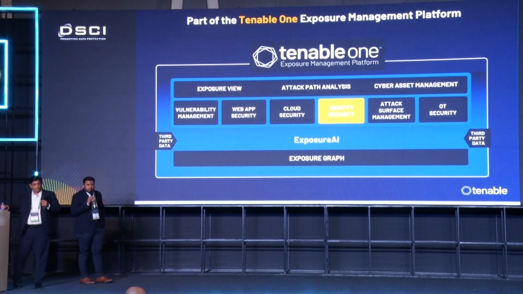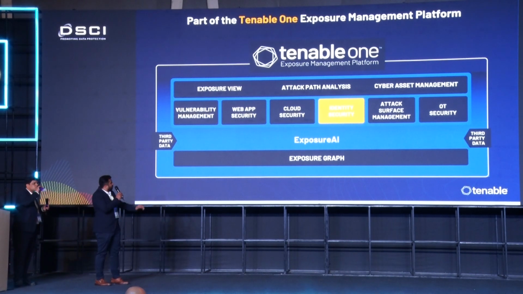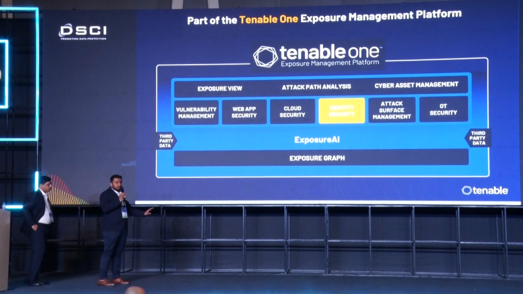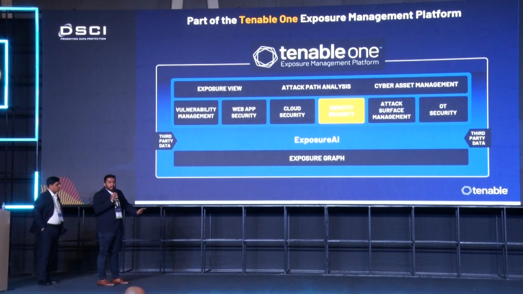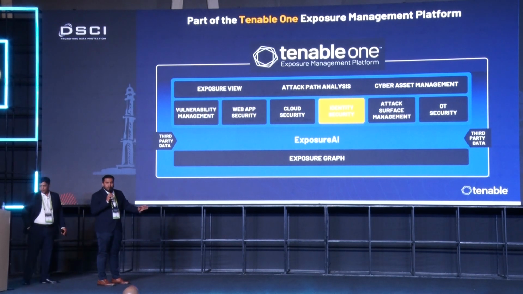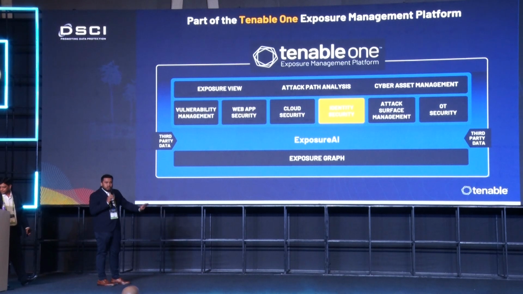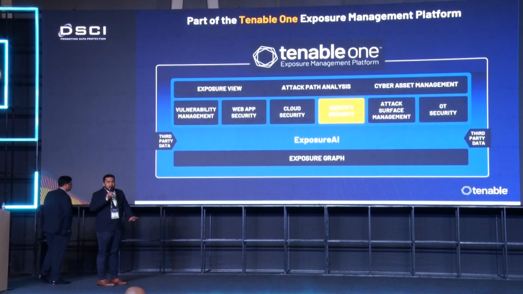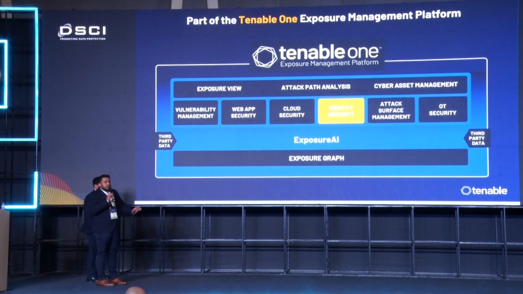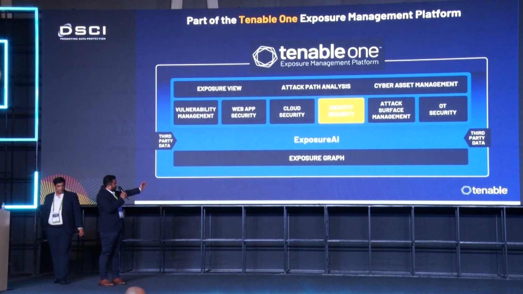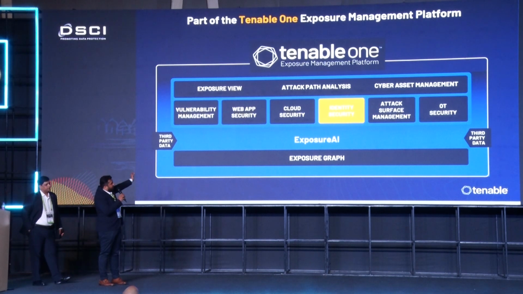So just to add to what Swapnil said, the diagram shown over here is our platform. That's the flagship platform of Tenable called Tenable One. It's built on the data lake platform. So these are our natively integrated solutions. There is one single licensing called Tenable One licenses, and that's very flexible, so the customer just needs to buy Tenable One licenses, and the licenses can be leveraged for any of these solutions.